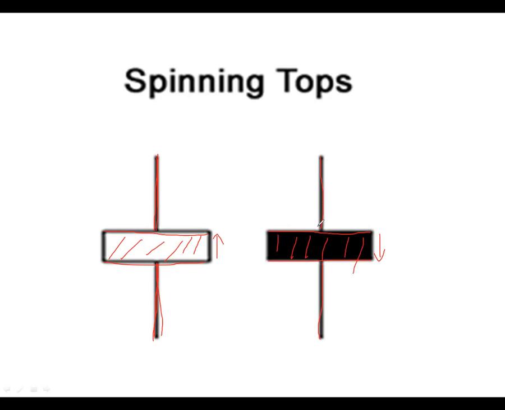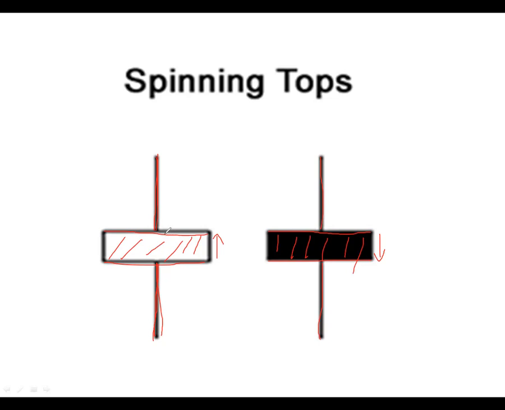Now, when you see any of these candles in the forex market, all it means is that there is indecision. There is no direct decision whether it is for the buyers or the sellers. It means no one is actually in control of the market.